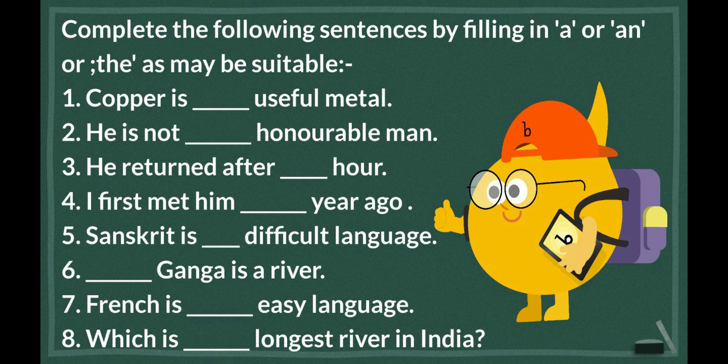Number 3, he returned after dash hour. Number 4, I first met him dash year ago. Number 5, Sanskrit is dash difficult language. Number 6, dash Ganga is a river. Number 7, French is dash easy language. Number 8, which is dash longest river in India.